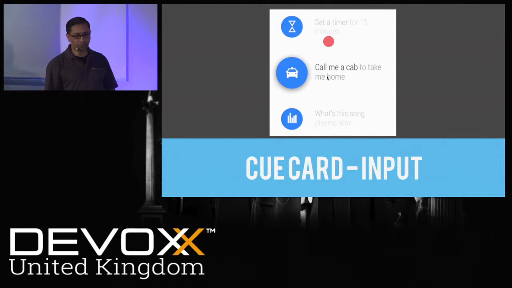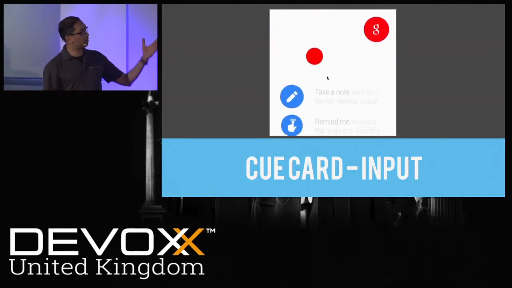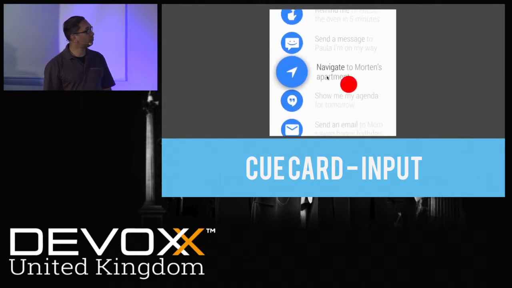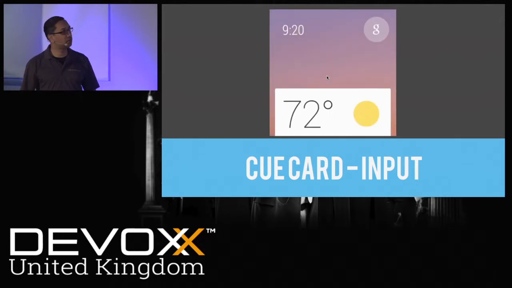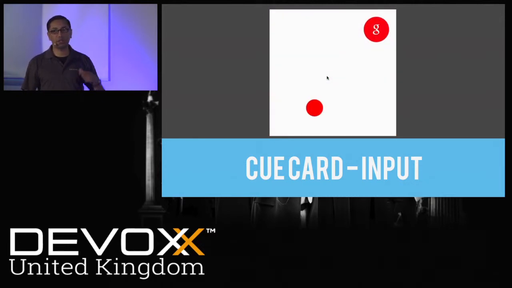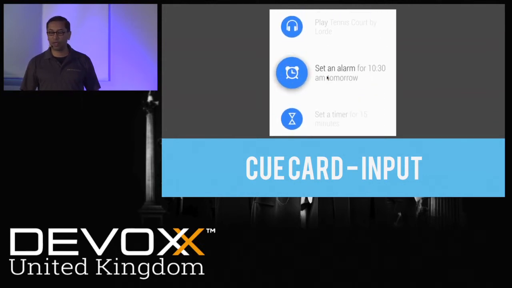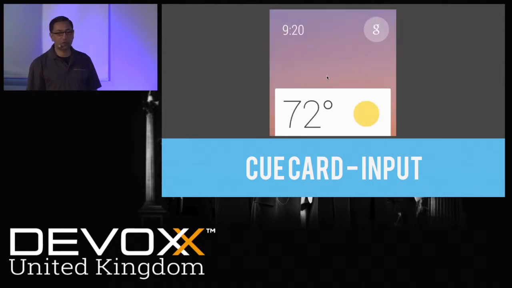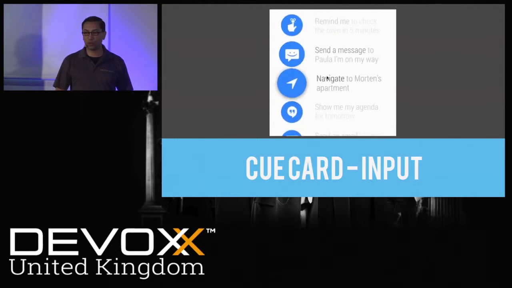And obviously, you can see that as this scrolls through, right? There's quite a few things here: set alarms, call cab, whatever it may be. It's very small things. The user just basically swipes up and down or swipes left and right to navigate through the application itself. Right? So what these are called are cue cards. So cue cards are generally used for input on Android Wear.